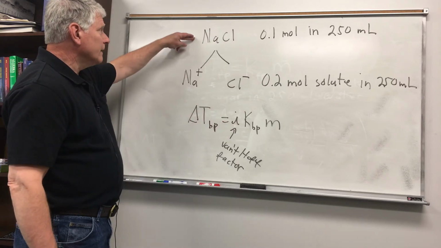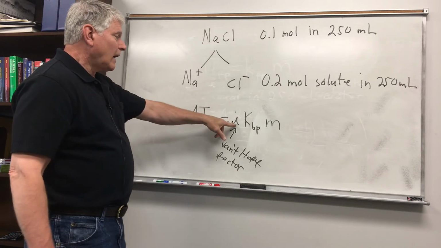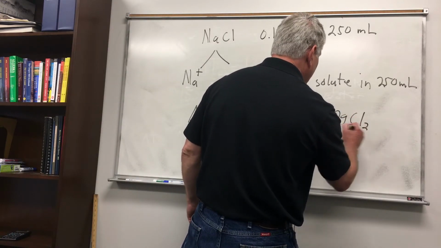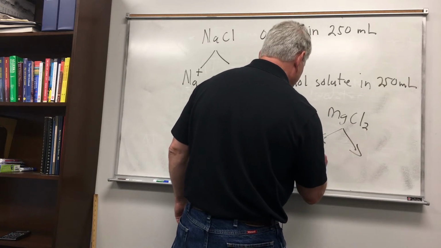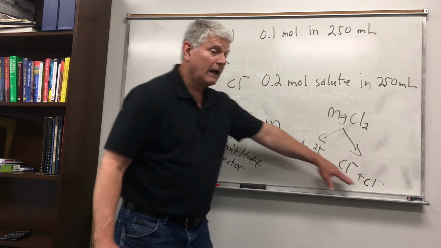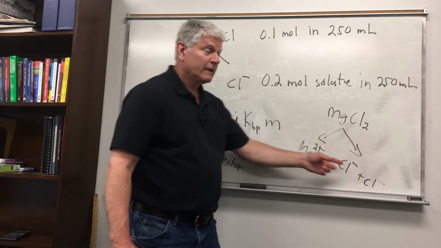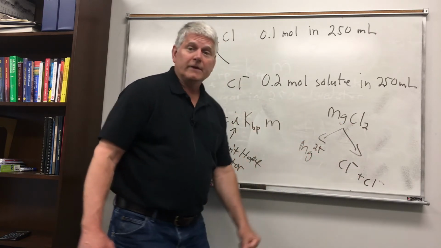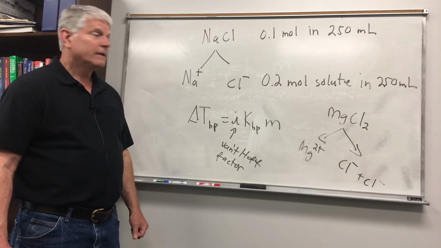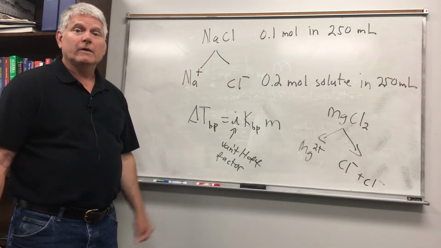So for sodium chloride, one particle dissociates into two particles, so i would be 2. If we had, say, magnesium chloride, we have one particle dissociating into 3 separate ions: 1 magnesium 2 plus and 2 chloride ions. So we have a 1 to 3 ratio, and so the van 't Hoff factor would be 3 for magnesium chloride. Again, it doesn't matter the identity, just the number of solute particles.